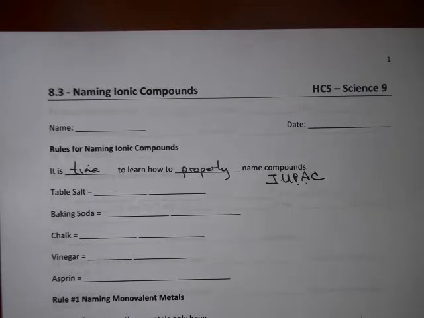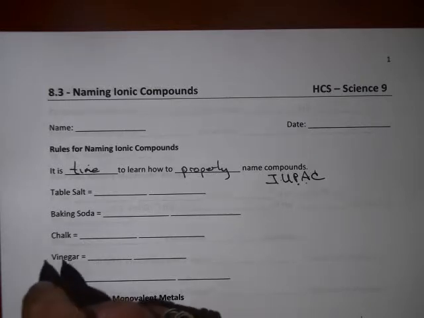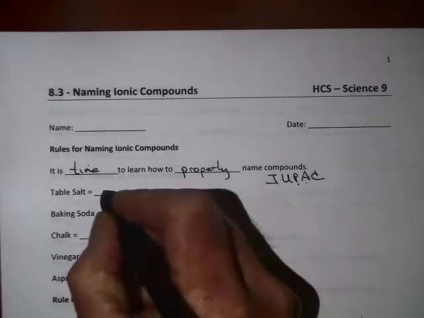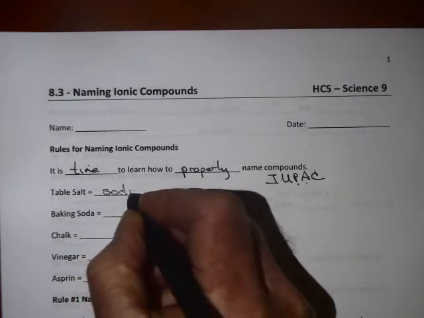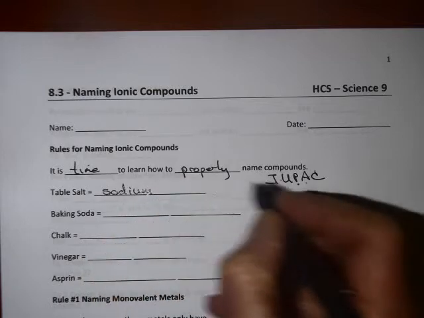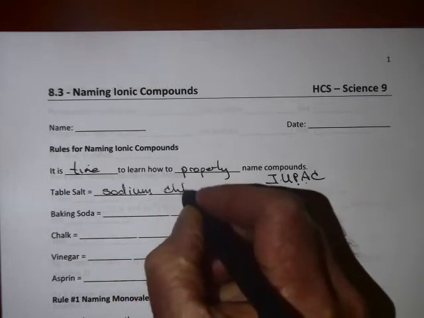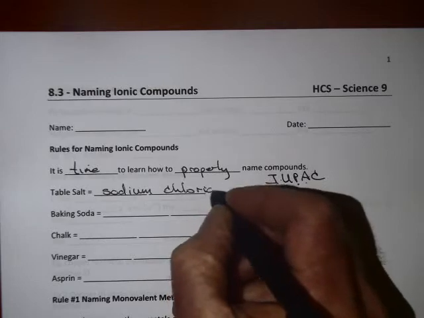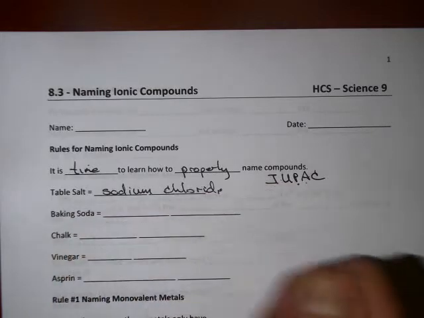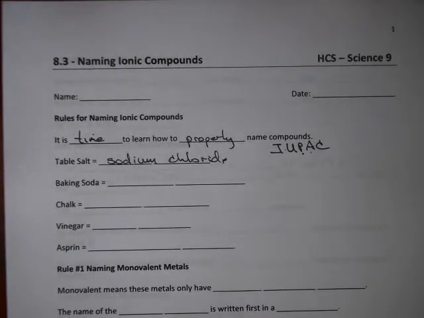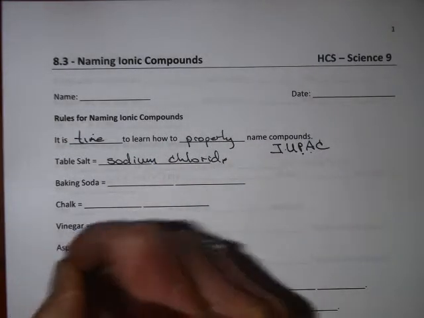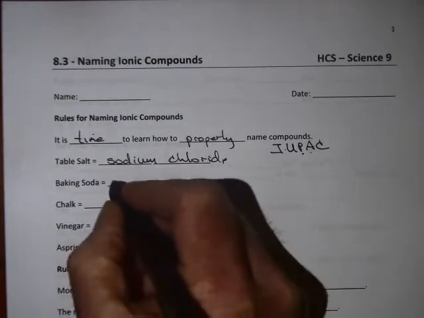So all over the world, the names are going to be the same. So table salt, for example, you guys probably know this one, is sodium chloride. Table salt is the common name. Sodium chloride is the chemical name.